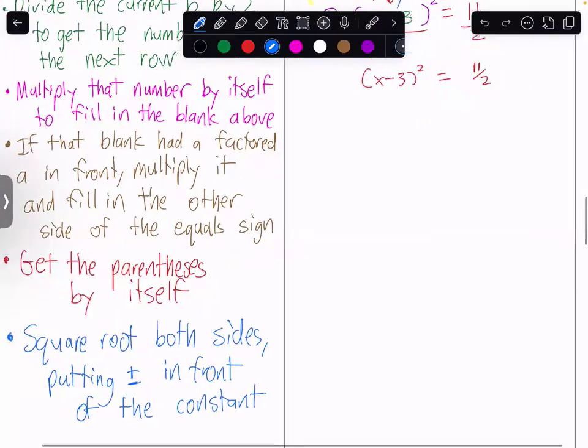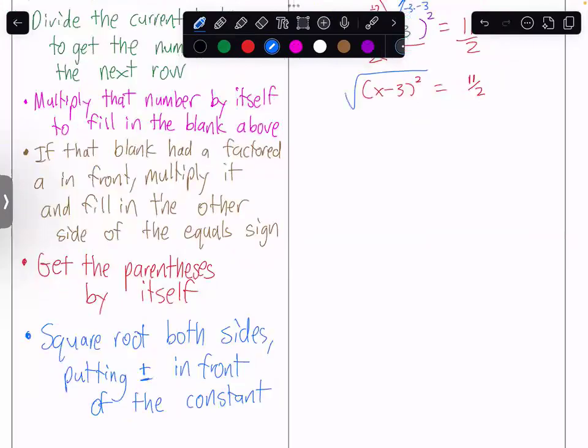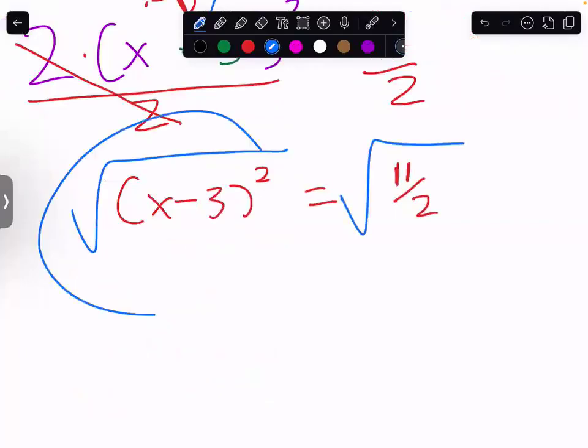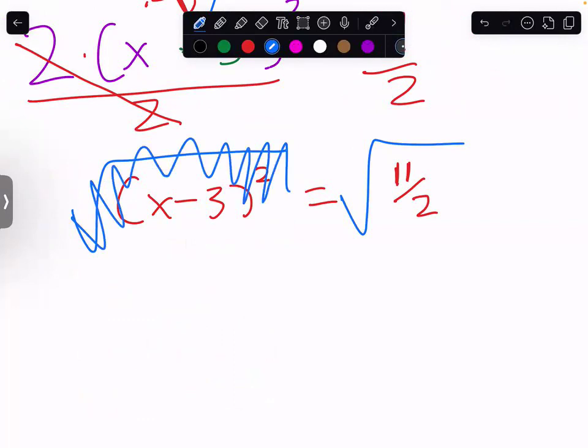So we're going to square root both sides. We're going to draw a big radical over both sides. You want to do a separate radical, one on the left, one on the right. The whole point is that on the left, the square root and the squared cancel out, leaving the x minus 3 behind. Over here, this doesn't simplify, right?